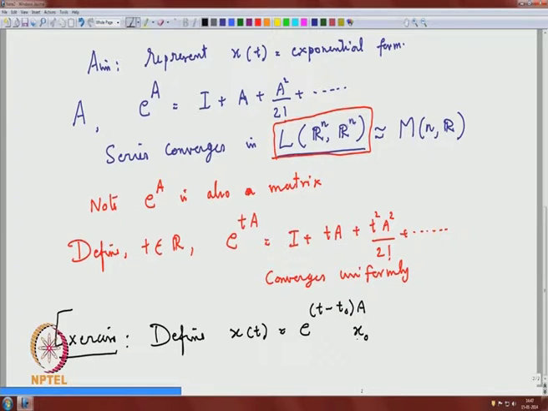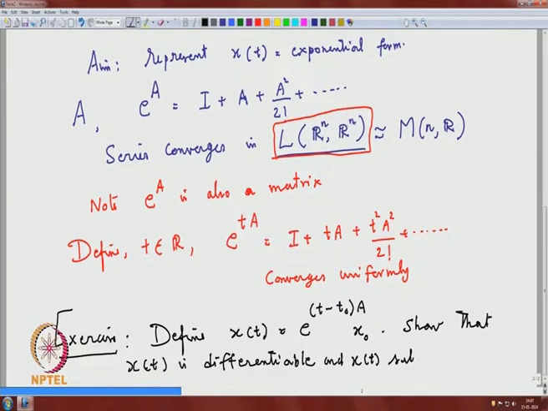So, that matrix will act on the vector x naught, and x t is defined that way. So, the exercise is to show that x t is differentiable in t, and x t satisfies the system 1.